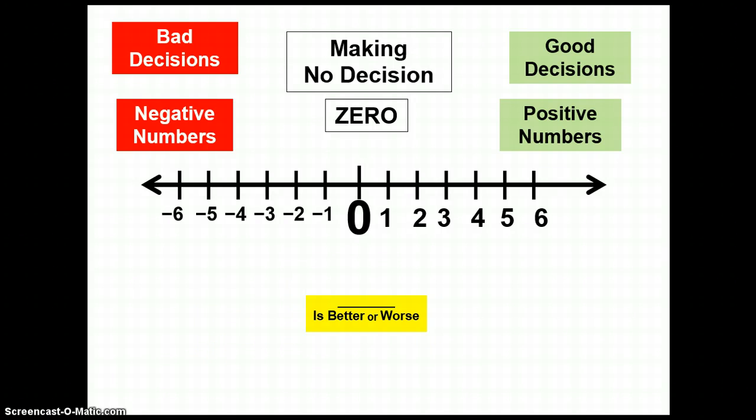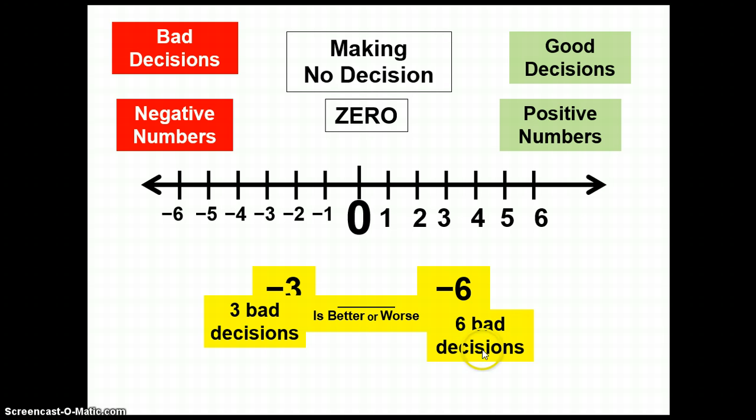Let's try another one. -3 versus -6, 3 bad decisions versus 6 bad decisions. Is 3 bad decisions better or worse? Well, they're both bad, right? But is it better or worse? 3 bad decisions, is that better or worse than 6 bad decisions? It's slightly better.